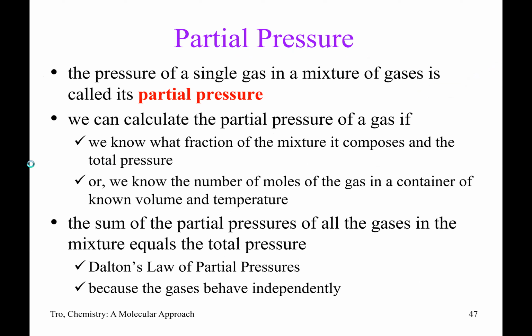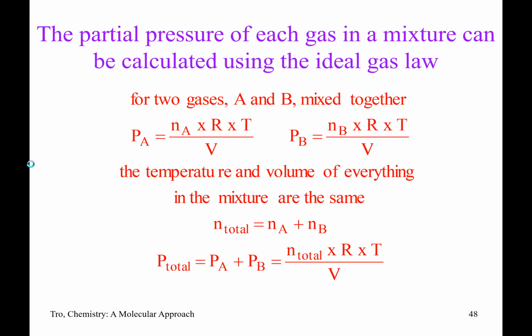Partial pressure is based on each component of the mixture, each gas, and the total is going to be the total pressure. If you add them all together, it's called the total pressure.